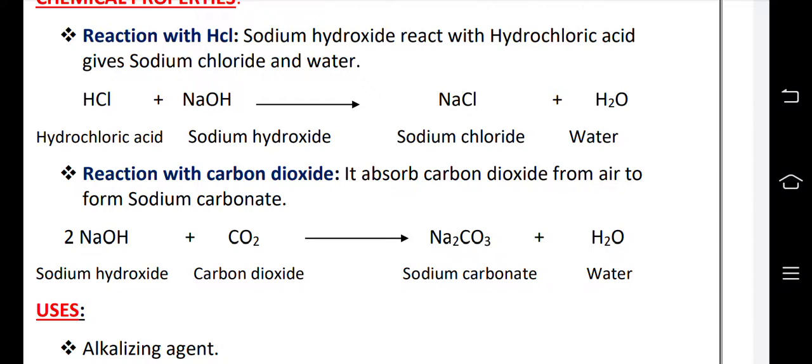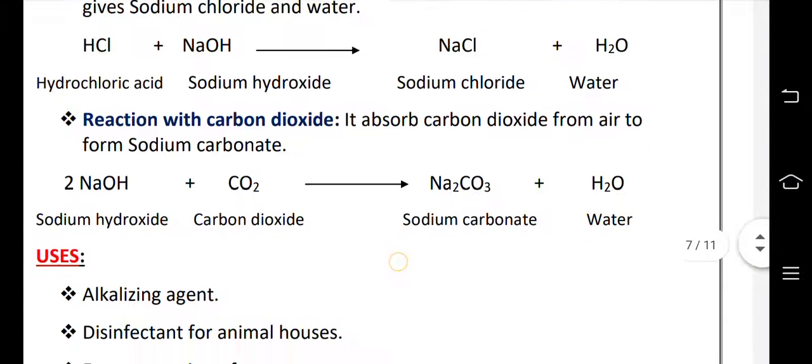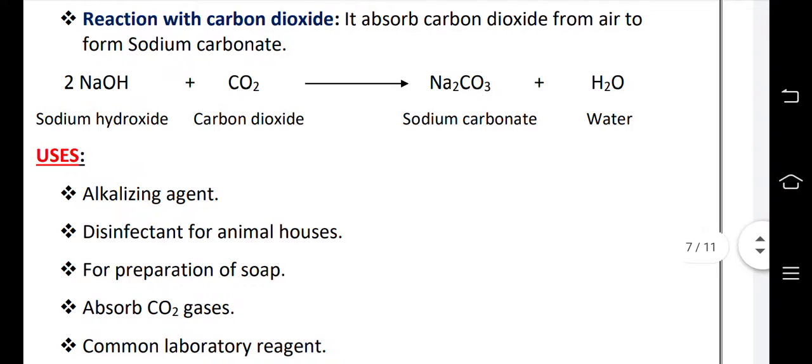First, reaction with hydrochloric acid. Sodium hydroxide reacts with hydrochloric acid to give sodium chloride and water. This is the equation. And on reaction with carbon dioxide from air to form sodium carbonate, two molecules of sodium hydroxide react with carbon dioxide to form sodium carbonate and water.